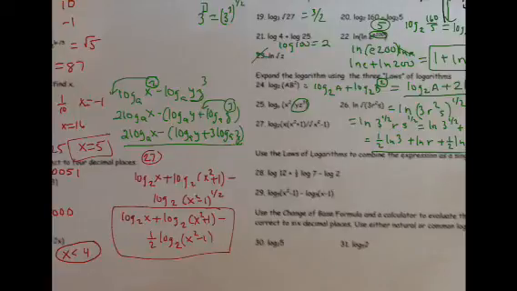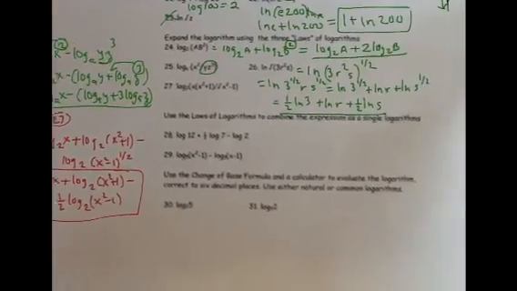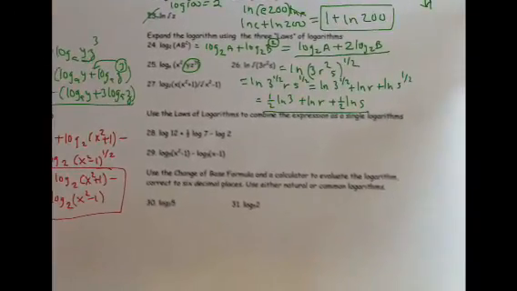Number 28. Now you're going backwards, you're combining. Okay, move this over to the right. So the first one is log 12 plus 1/2 log 7 minus log 2. So all of them are base 10, so we can combine them. That 1/2 is going to become the exponent of 7.